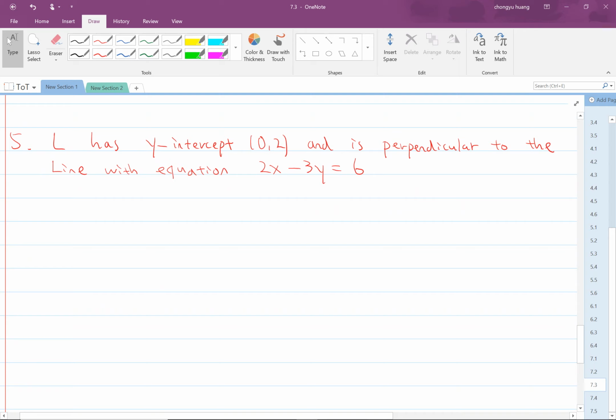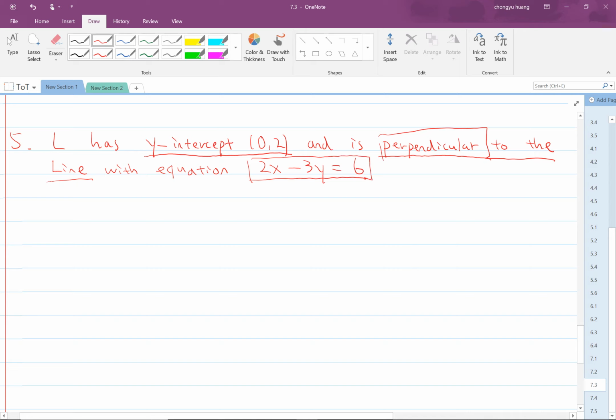For question 5, we have been given a y-intercept, and the second condition is that this line is perpendicular to the line with the equation 2x minus 3y equal to 6. The really important thing is that this line is perpendicular to the line with this equation.